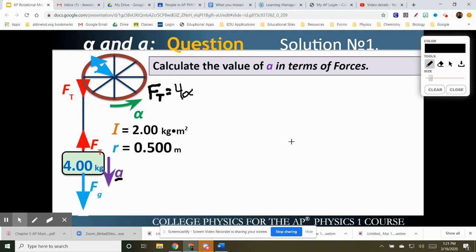Okay, so now we're going to move to the block. So how are we going to look at the linear acceleration of A? What's a relationship that we can set up to solve for A?